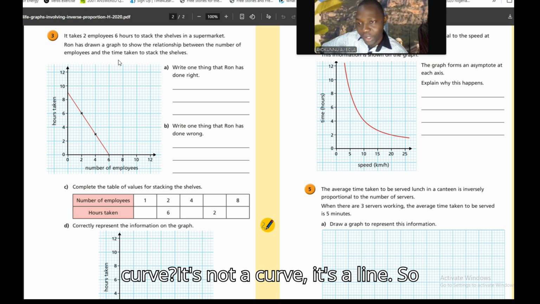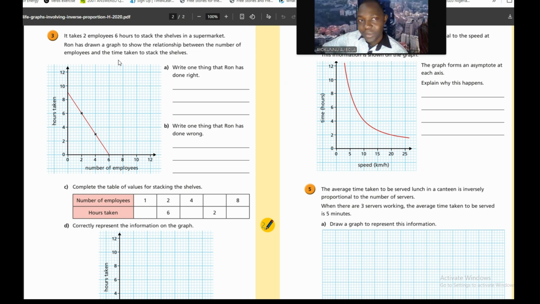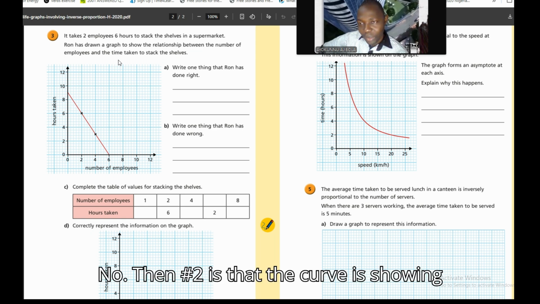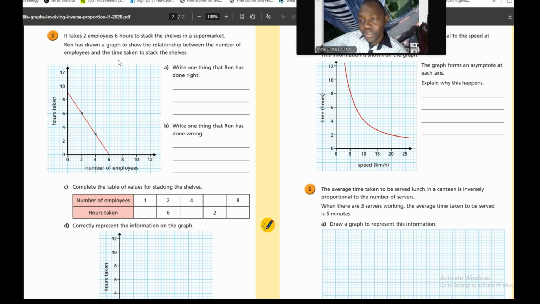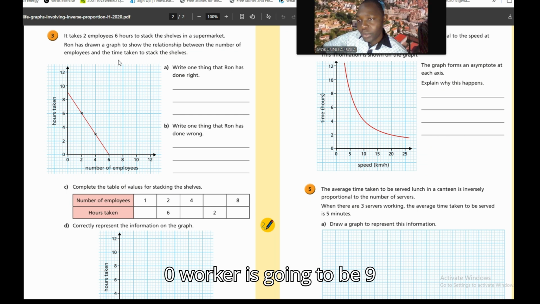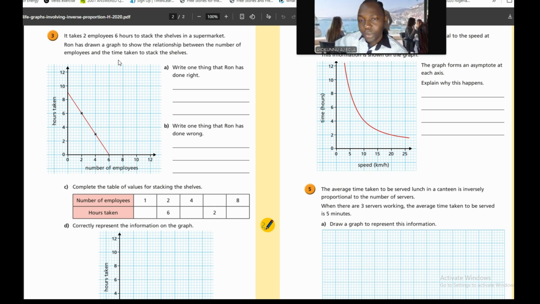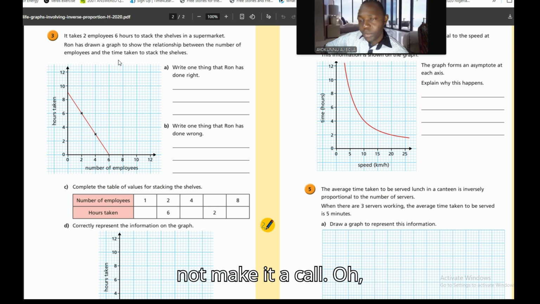It's not a curve, it's a line. So does the curve show 12 hours? No. Then number two is that the graph is showing 0 hours, I mean zero workers, will take 9 hours. Would the job ever be done? No. So what he has done wrong is that he did not make it a curve.